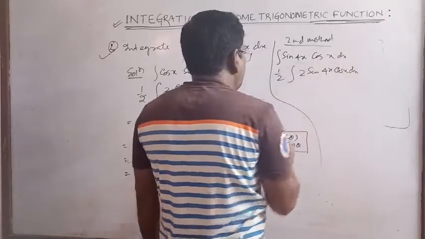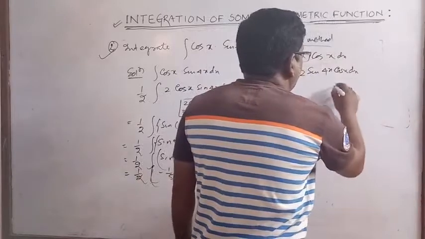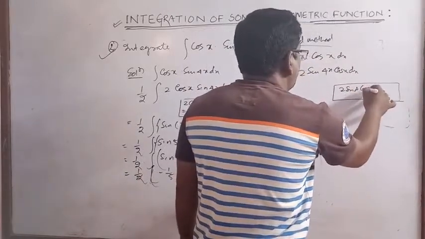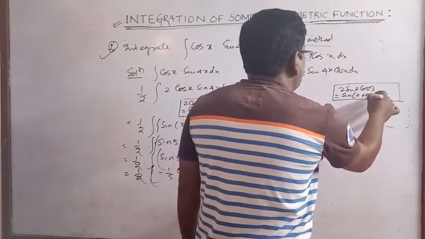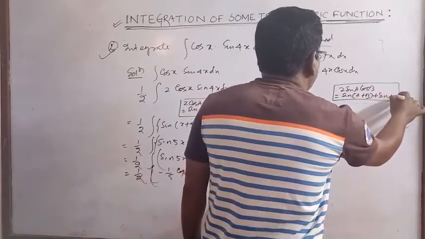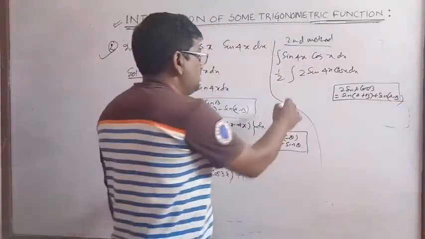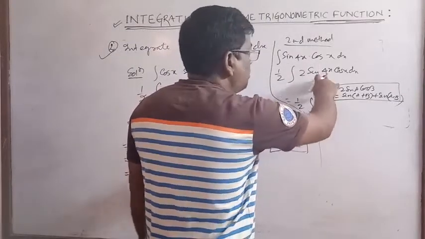What is the formula applied here? 2 sin A cos B. Okay. Formula applied here, 2 sin A into cos B is equal to sin A plus B plus sin A minus B. Right? So this is equal to 1 by 2, and sin A plus B. A means 4x, B means x.